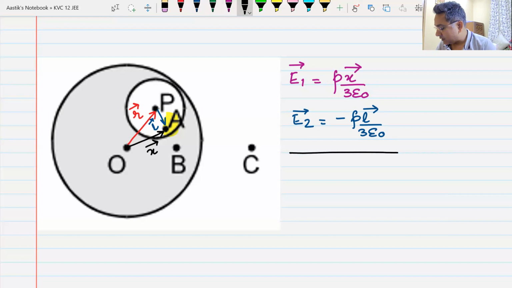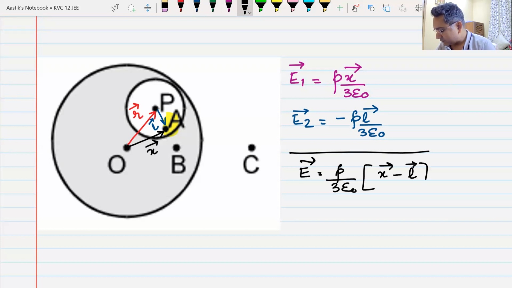Now, how do I get the total electric field? The net electric field will be rho by 3 epsilon naught comes out, and what remains is x vector minus L vector. Now, just look at the diagram that I have drawn. I will draw it once again. This is your R vector.